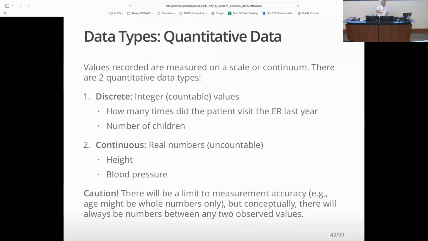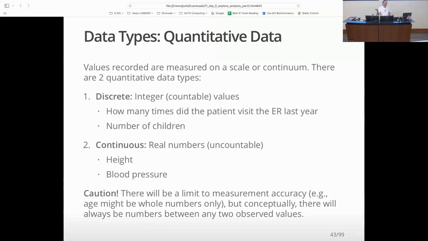I will say as a caveat to this, I have at the bottom, that for any measurement, there's a limit to the accuracy. For example, age might be reported in whole numbers, right? If you ask an adult how old they are, they'll say, I'm 33. If you ask a kid how old they are, they'll say, I'm 5 3/4.